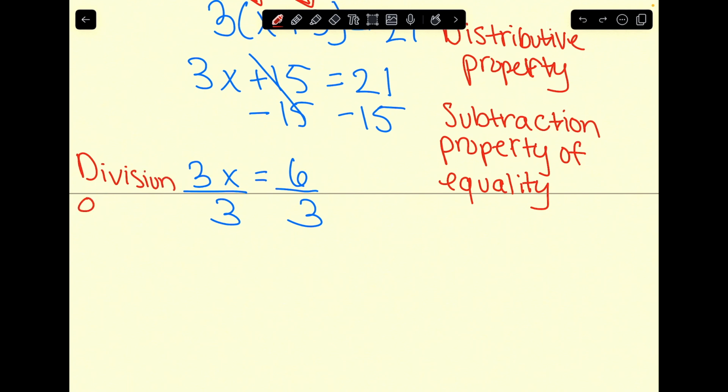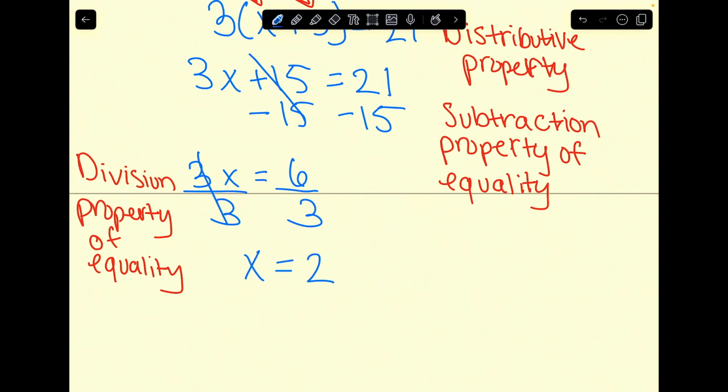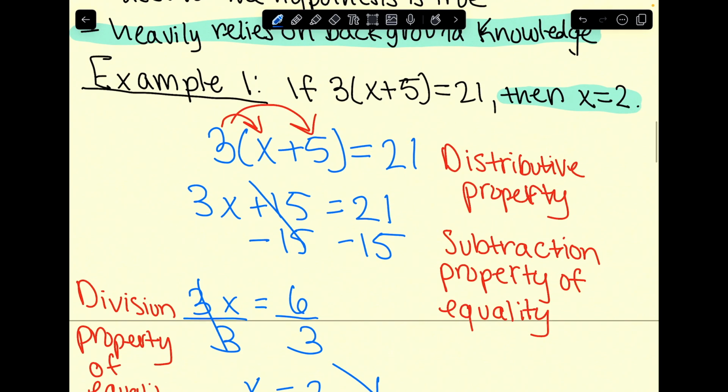And then from there, we can simplify. The 3's cancel out, and x is equal to 2, which is the truth and what we set out to prove in the first place.